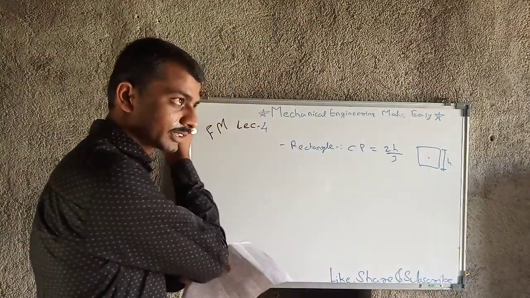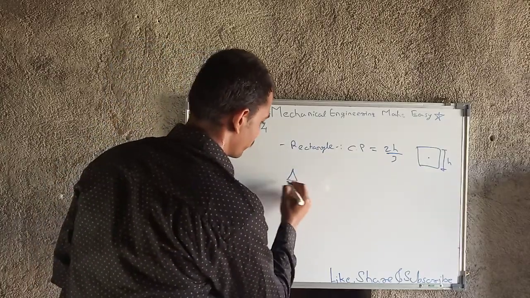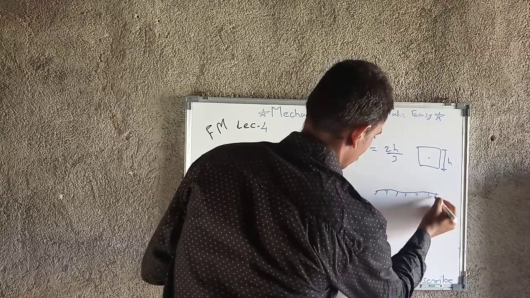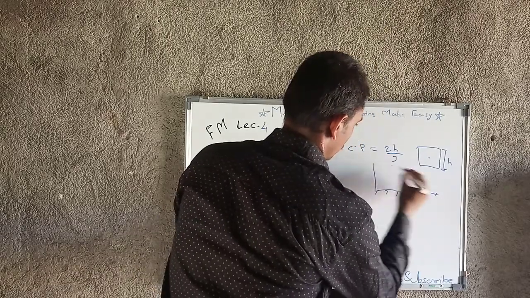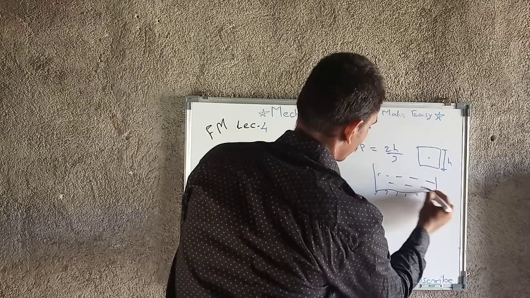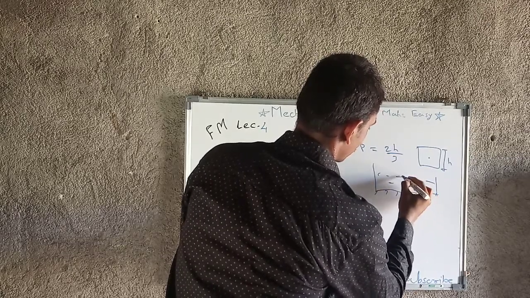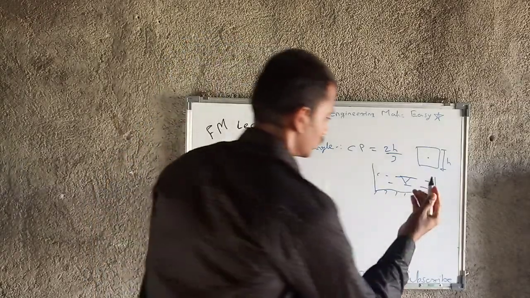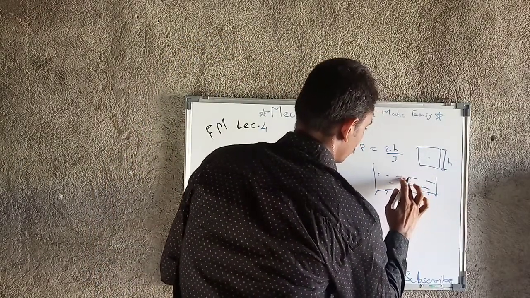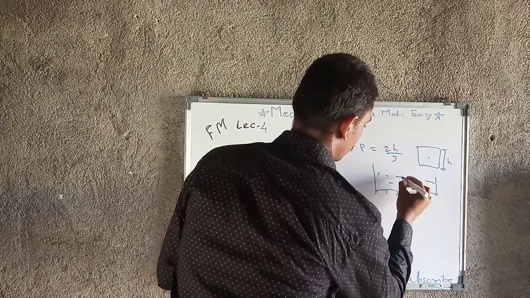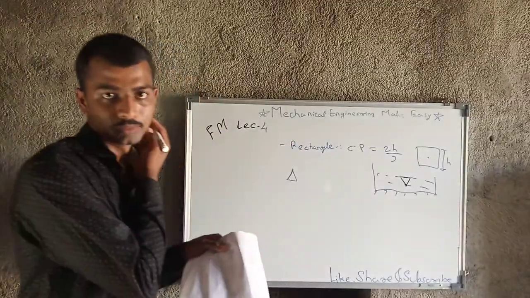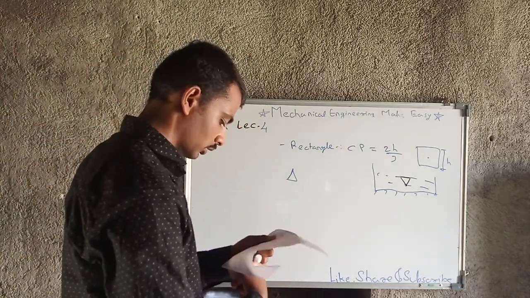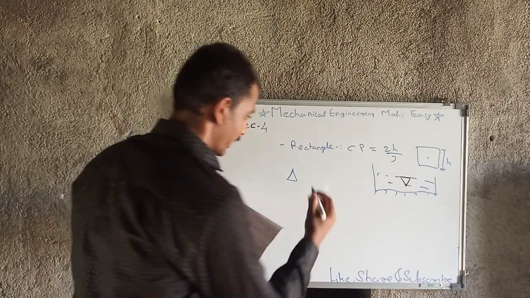In this case, there is one tank with fluid, and the base of the triangle is on the free surface of that fluid. So in this case, what will be the center of pressure? H by 2.